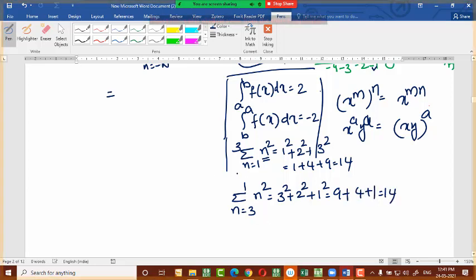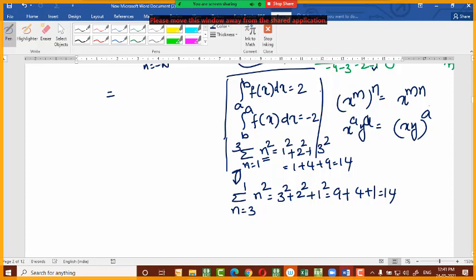So in the case of discrete summation, even if you interchange these limits, whether you do the discrete summation from 1 to 3 or from 3 to 1, there is no change in the answer. The answer is the same. But this you should not apply in continuous integrals. In the continuous domain, you should not apply that. Okay, see the difference between these two.